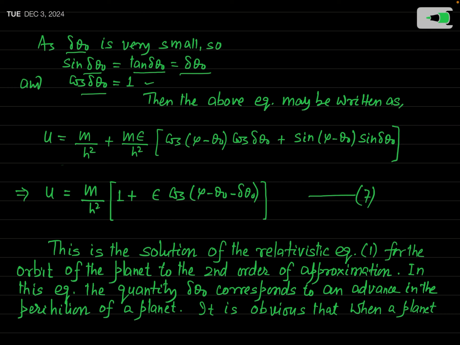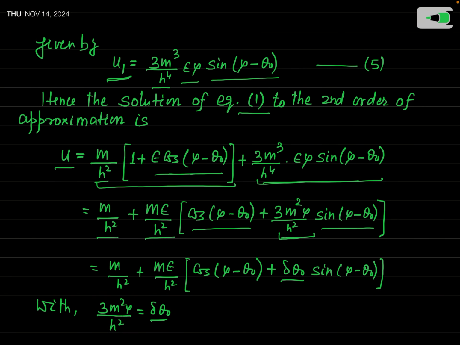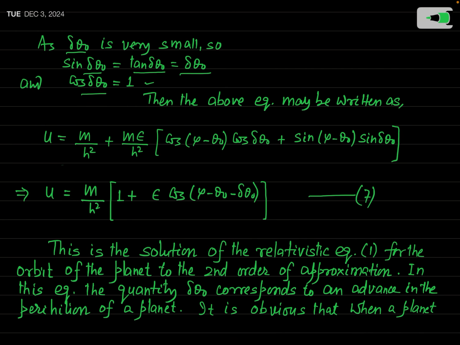Okay. So now in place of delta theta naught, you can take either tan delta theta naught or sine delta theta naught. And if we multiply the first term by cosine of delta theta naught, this will make no difference, because cos delta theta naught is simply 1. Therefore, that equation can be written as u equal to m over h square plus m epsilon by h square times cosine of phi minus theta naught times cosine of delta theta, because this is 1.